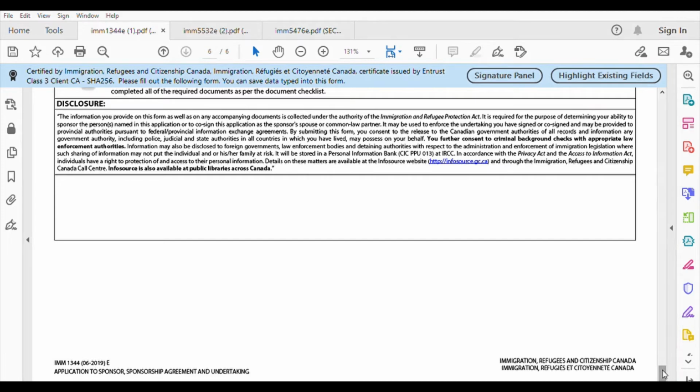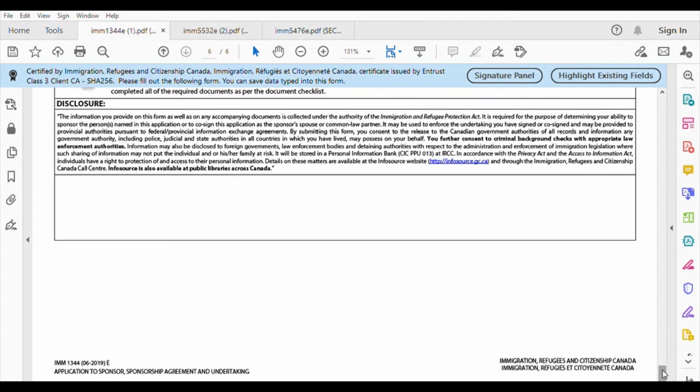I will show you this barcode and talk about it in more detail in another video, because there are different forms that need to be validated and they generate a barcode. But you need to know that there is validation. The validation must show yes, and by the end of the form you will see a barcode. I will show how the barcode looks in a different video.